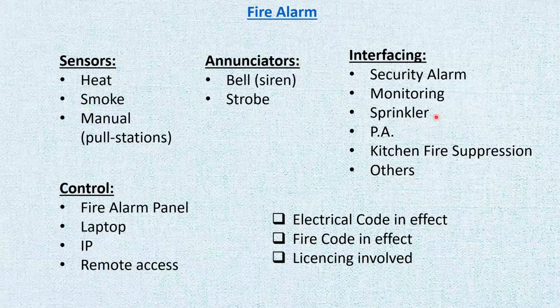If the heat gets to it, that thing lets go and lets out the water through it. Okay? Now, how does that work? The whole system is filled with water, all the pipes filled with water, and the water is under certain pressure, and there's a pressure meter right at the head end of the sprinkler system, the control devices.